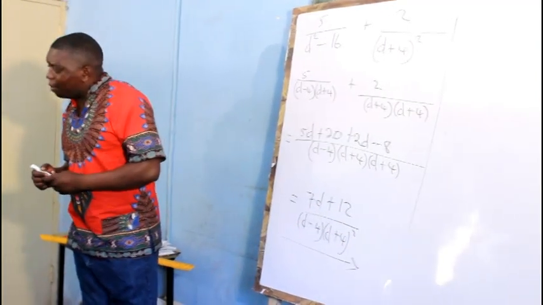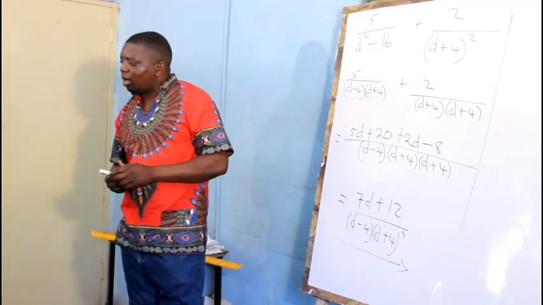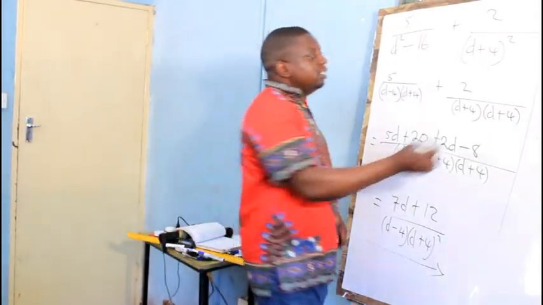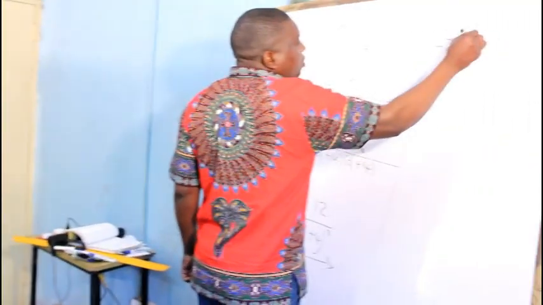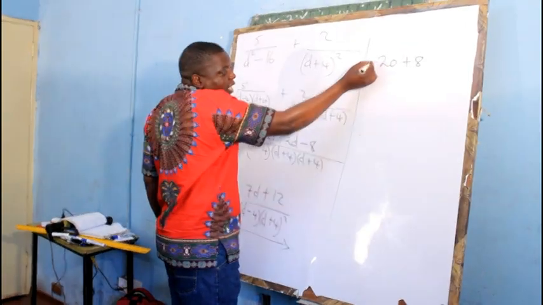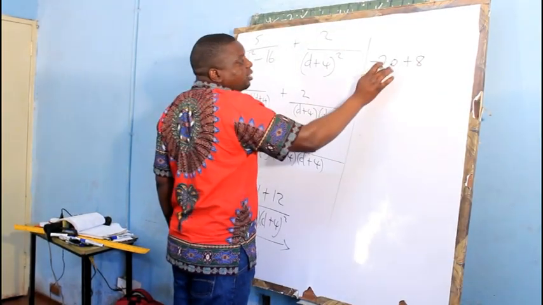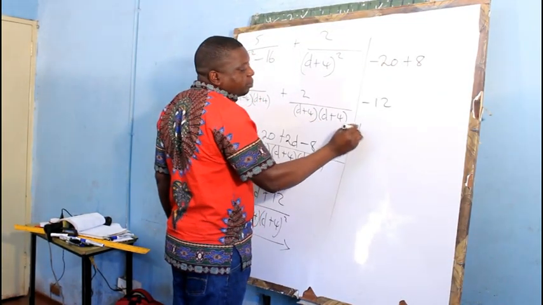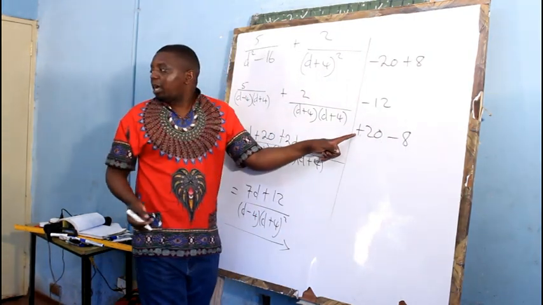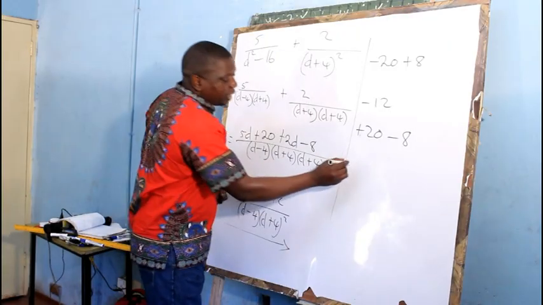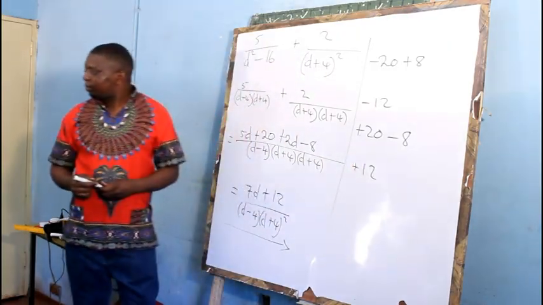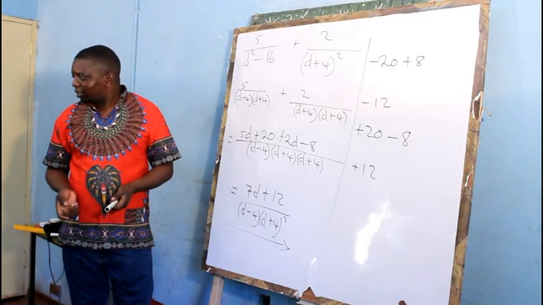Sign of the bigger number: if the signs are different, take the sign of the bigger number. Then the difference is 12.